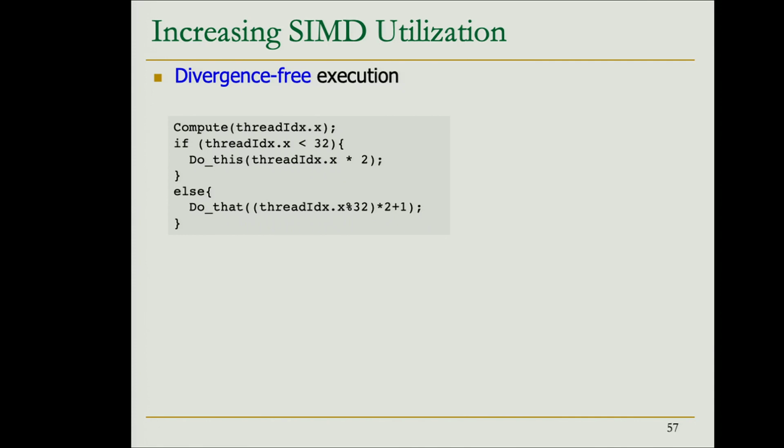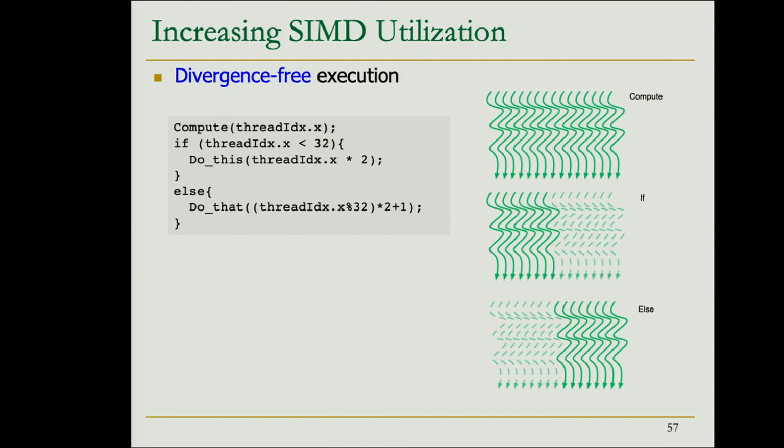The computation that should be assigned to 64 threads is going to be divided: what was done by the even threads is now going to be done by the threads in the first warp, and what was done by the odd threads is now going to be done by the threads in the next warp.